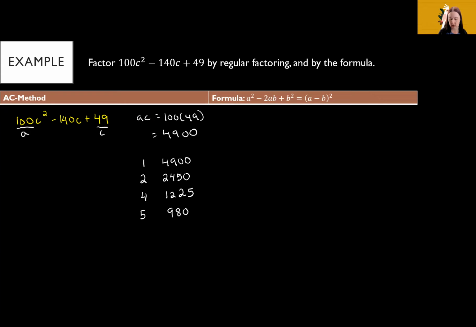Then divided by 6, that gave me a decimal. Divided by 7. Okay, so that gave me 7 times 700. Divided by 8, that gave me a decimal. Divided by 9 gave me a decimal. Of course, 10, that gives us 10 times 490.